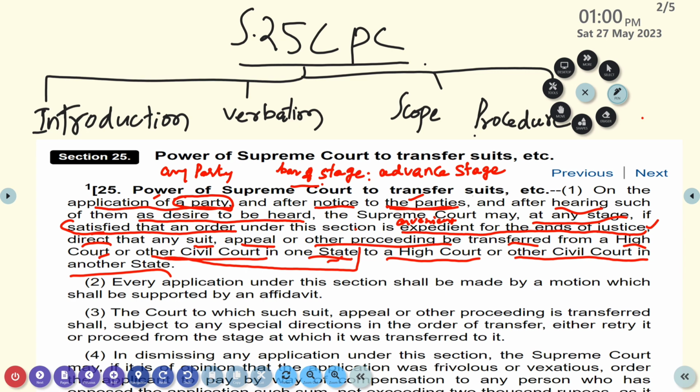The same can be transferred either to a high court or other civil court, but where it is in another state. So state to state. It can transfer.